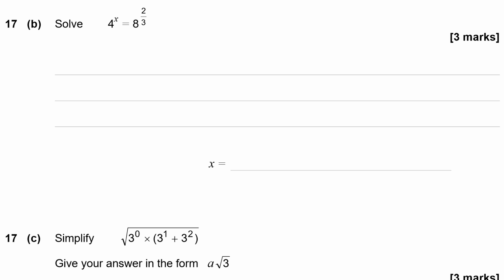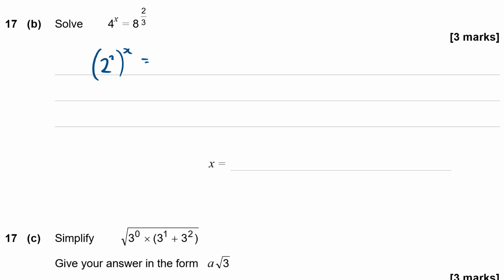Question 17b, solve 4 to the power of x is 8 to the power of 2/3. Okay, let's try and make the bases the same for both these numbers. 4 is the same thing as 2 squared, so 2 squared to the power of x is equal to 8.